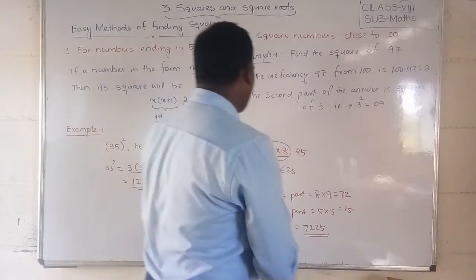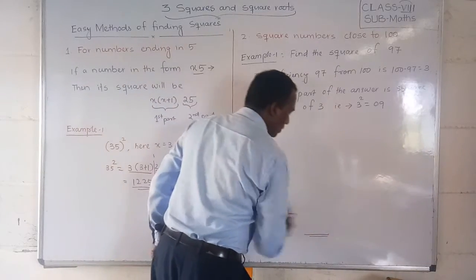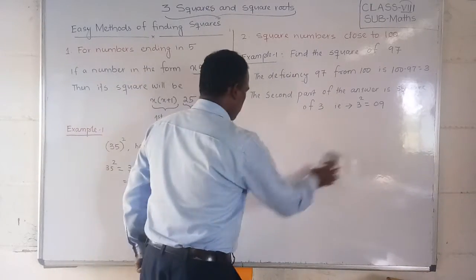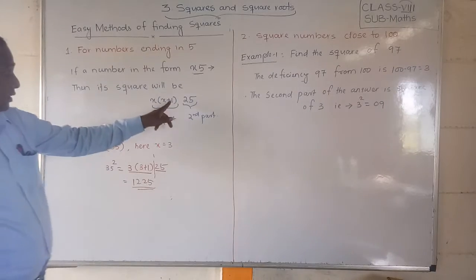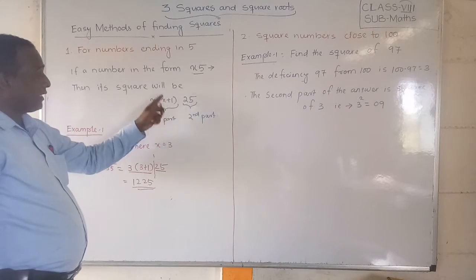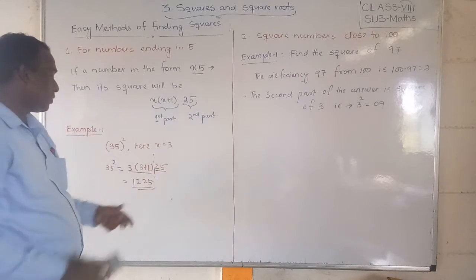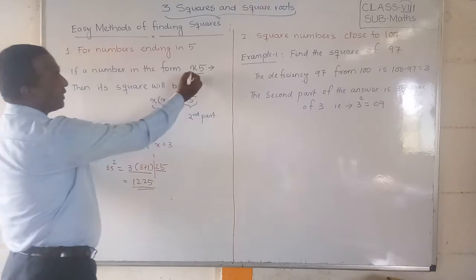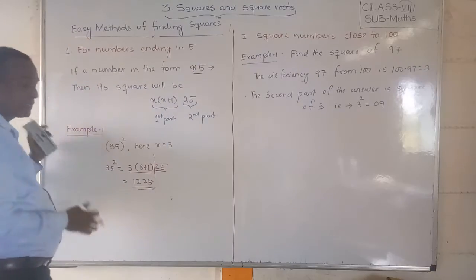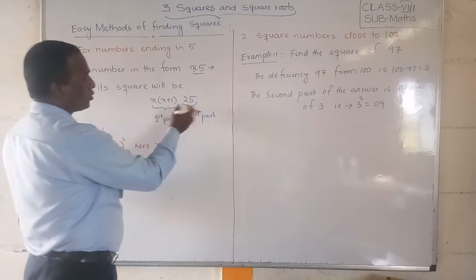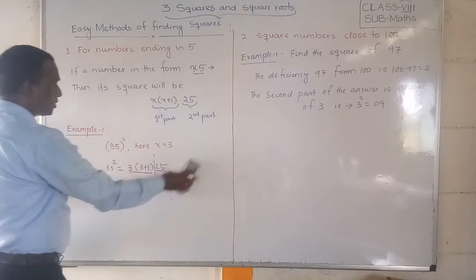Like this, if a number ends with 5, you can do it this way: leave the 5, multiply the remaining digits by the next succeeding number, and add 25 at the end.